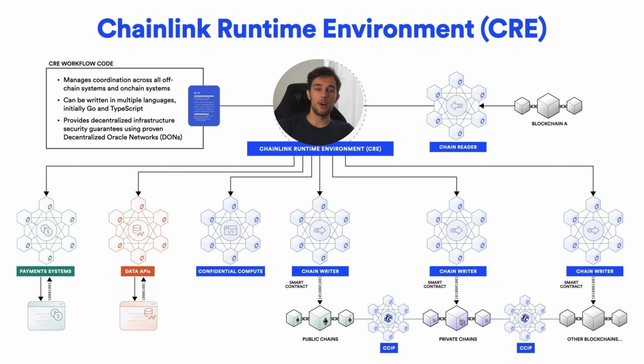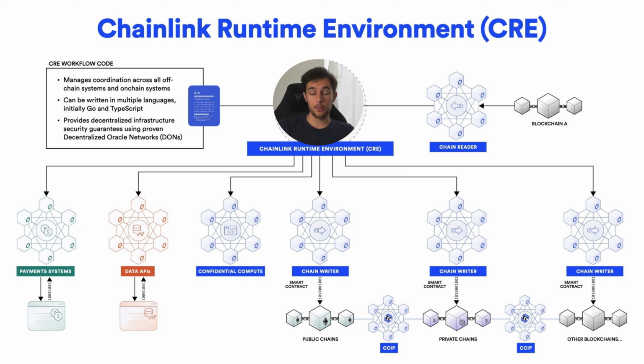Another key innovation of CRE is its chain-agnostic design, meaning that it can operate independently of any particular blockchain. In traditional development, when you build an application on one blockchain, it often requires extensive adaptation to function on another chain due to differences in data structure or code and functionality.